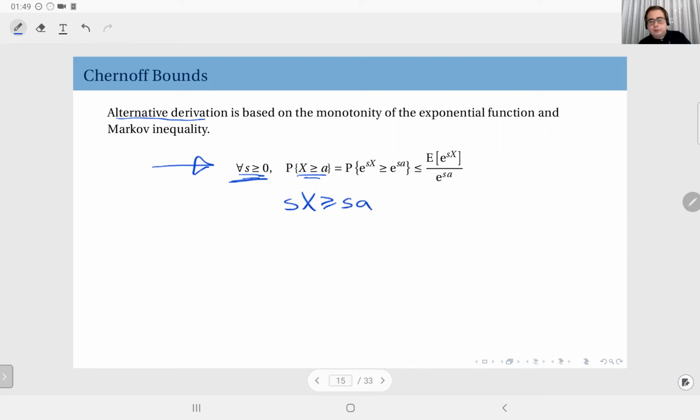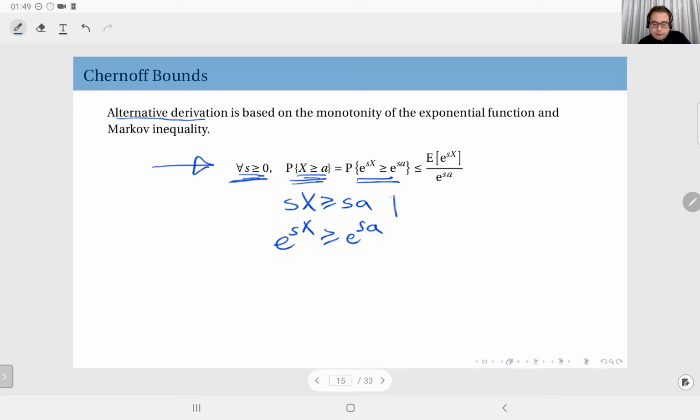And then you can exponentiate both sides, because the exponential function is monotone. When the input increases, the function value also increases. So if you exponentiate both sides, the inequality does not change direction. It's preserved. So this event is equivalent to this event, so they have the same probabilities.